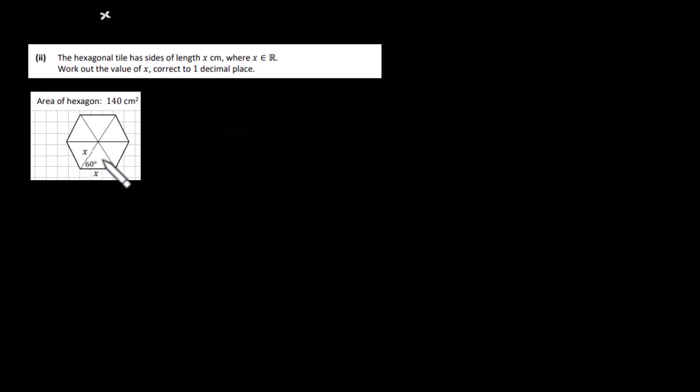So if you take this triangle here, with 60 degrees here, and x here and x here, all you've got to do is find the area of one of these, multiply it by 6, and all of that should equal 140 centimeters squared. So let's do that first. You've got 6 multiplied by half ab, so that's x times x, which is x squared, times sine 60.